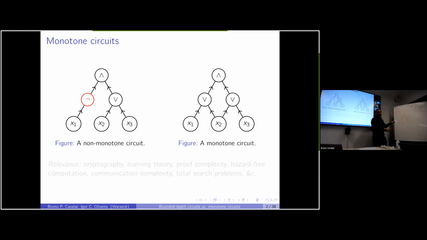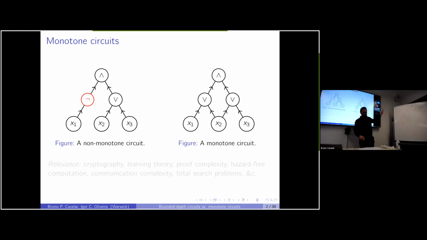There's a partial order over binary strings, which is satisfied if and only if x_i is at most y_i for every entry. And saying the function is monotone means it preserves or respects this ordering. So f(x) is at most f(y) whenever x is at most y.